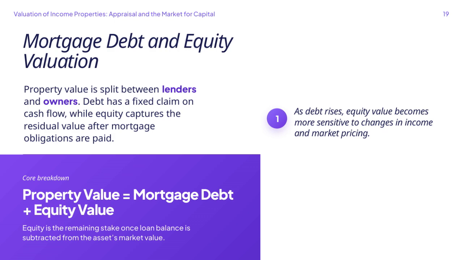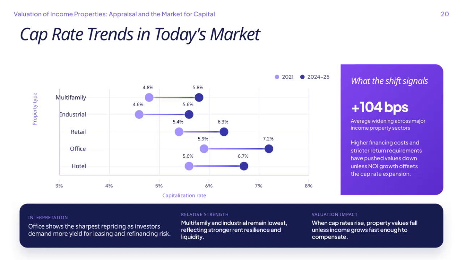Here we see the cap rate trends in today's market across different property types, comparing data from 2021 to projections for 2024 to 2025. Cap rates have generally risen across the board, indicating a shift in investor expectations.